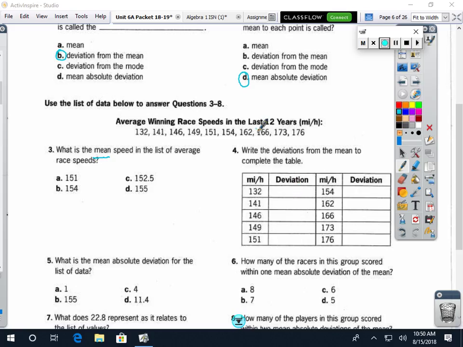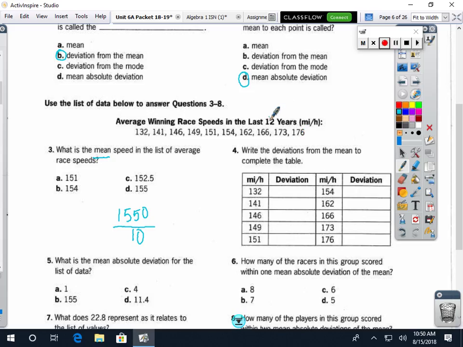Okay, when you added them all up, didn't you get a sum of 1,550? That's the sum. And then when you take the sum and divide it by how many years there were, you divide that by 10. 1, 2, 3, 4, 5, 6, 7, 8, 9, 10.